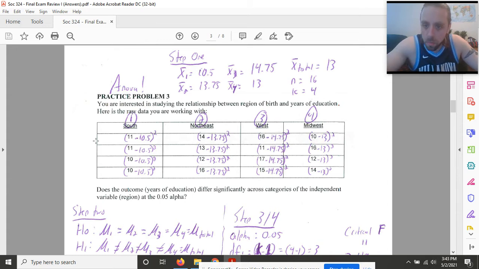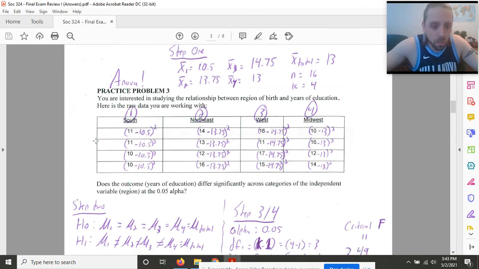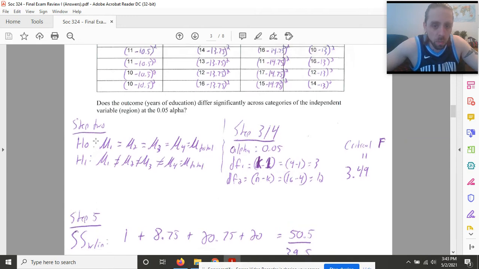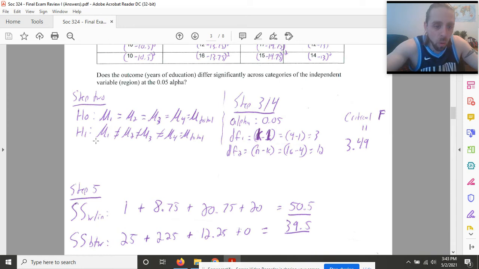For the West, it was group mean 3. And for the Midwest, it was group mean 4. So for each one of these observations, I'm subtracting the group mean, and then I am squaring it because I have to get rid of negatives. And then finally, I'm summing it to get the sum of squares within the group for each group, the summation of which gives me 50.5.